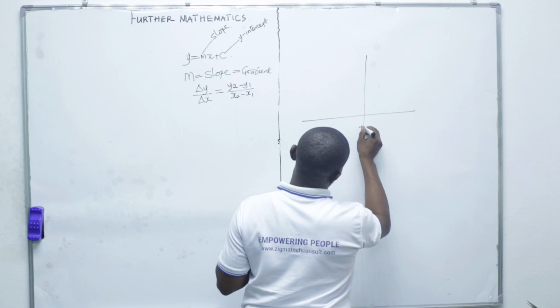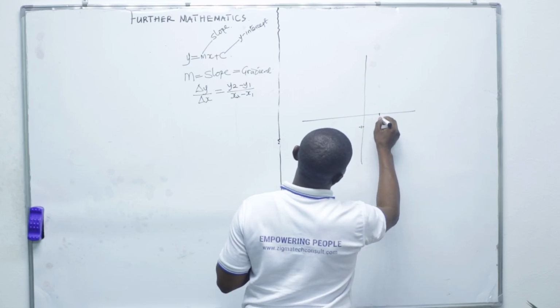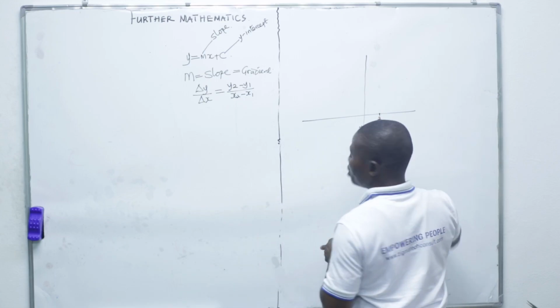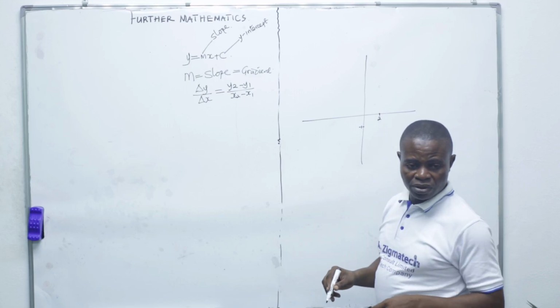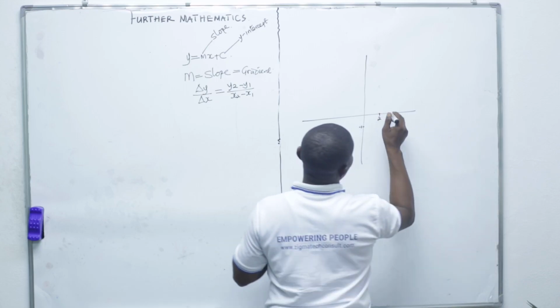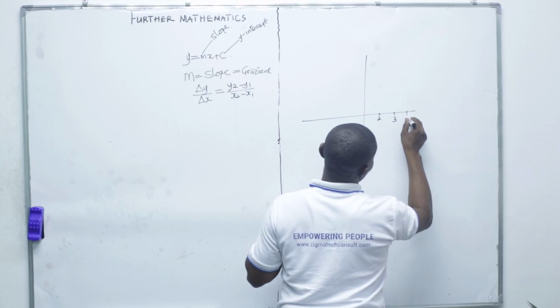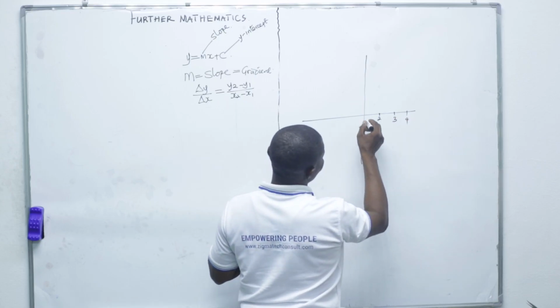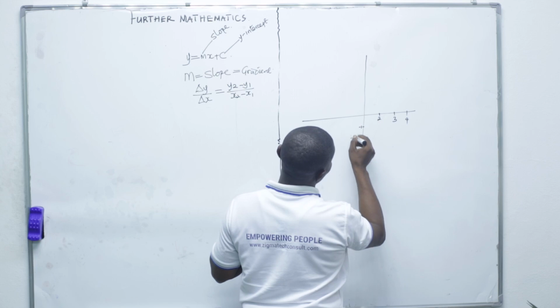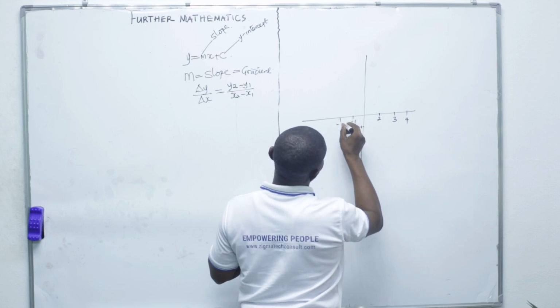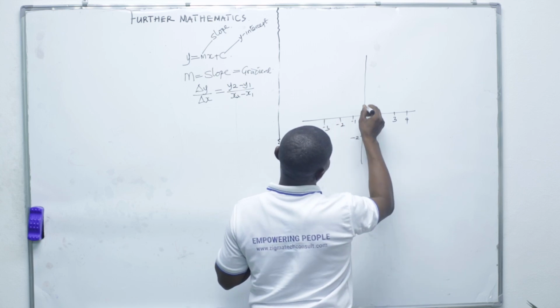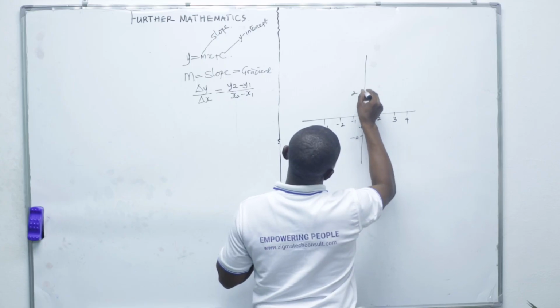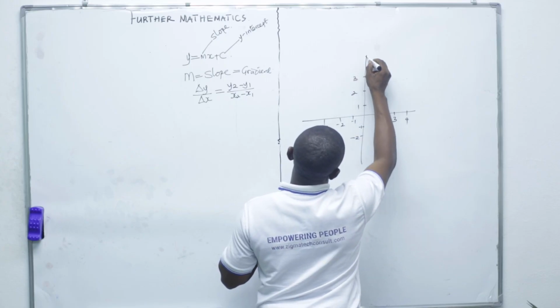Let's say this is -1, and here is 2, and let's say 3, 4, this -2, -1, -2, -3. I can have here 1, this is 2, and this is 3.